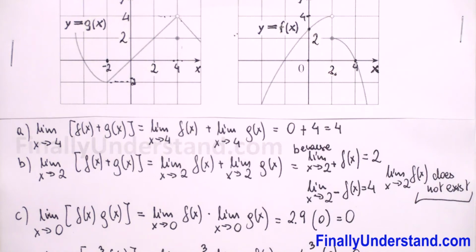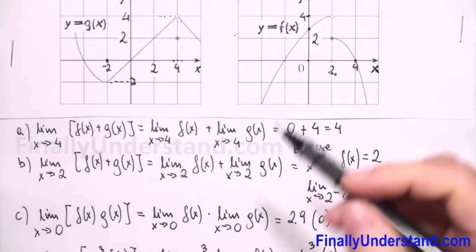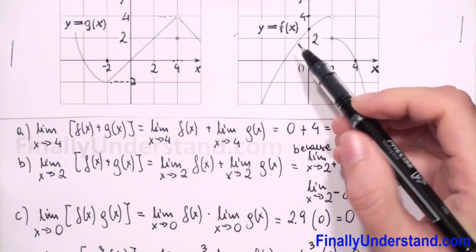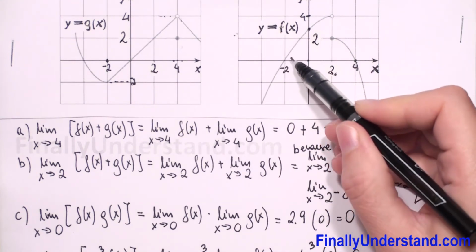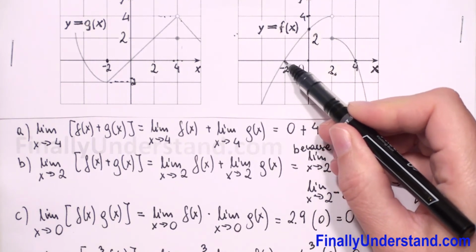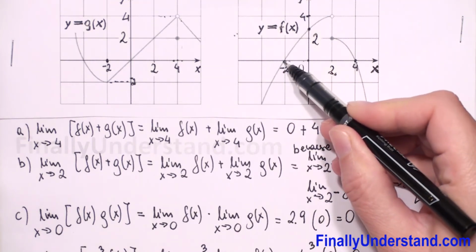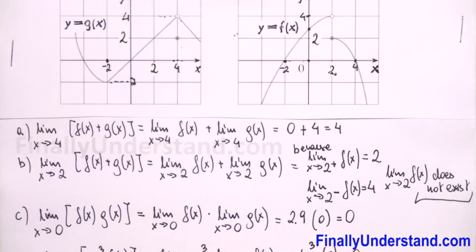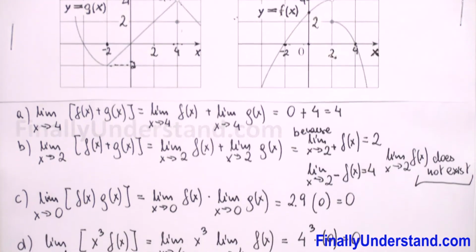And now we have to check our f function. When we are going to negative 2, we see that the value of our function goes to 0. So we have negative 2 over 0. We cannot have 0 in the denominator. So the limit of g of x over f of x as x approaches negative 2 does not exist.